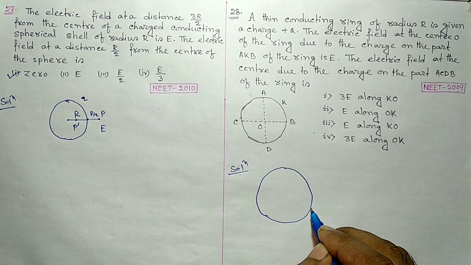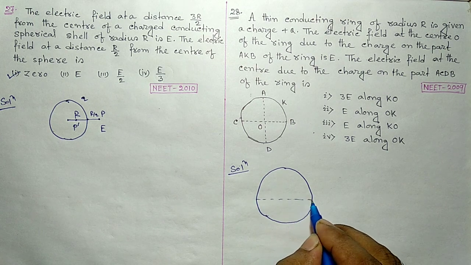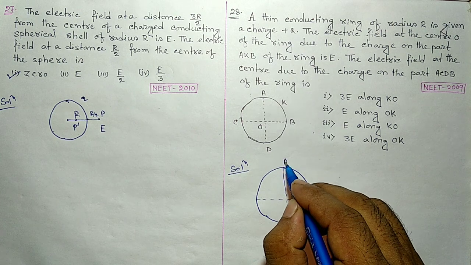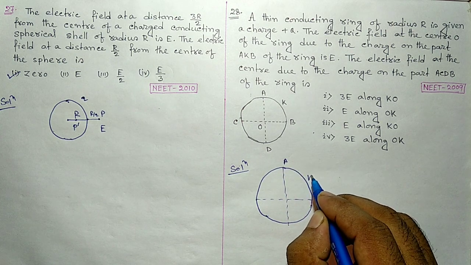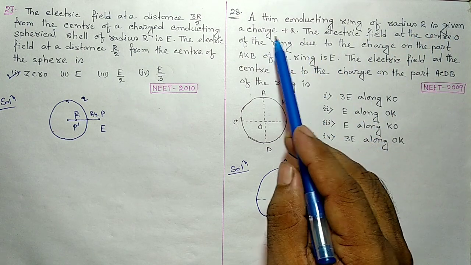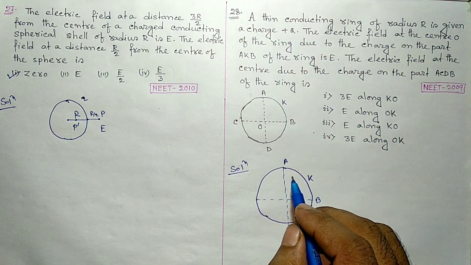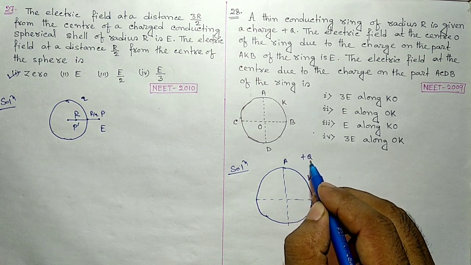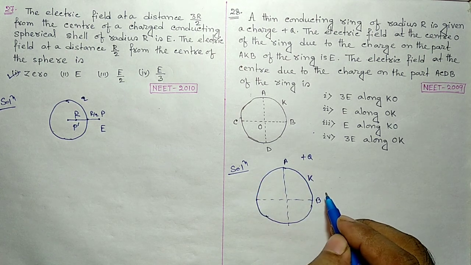So now student, it is a ring. Now due to the AKB part. So Q total charge is plus Q. So plus Q charge is equally distributed over the ring.